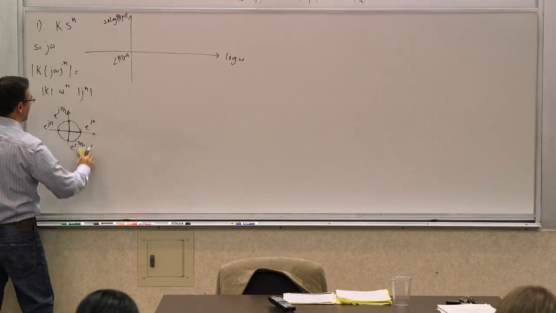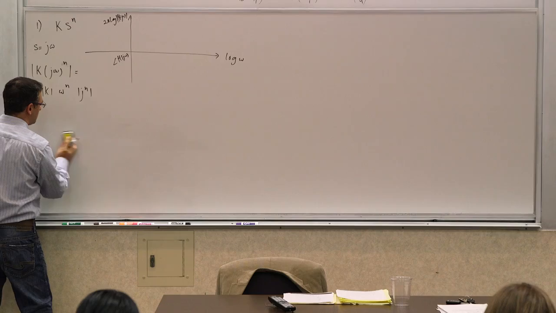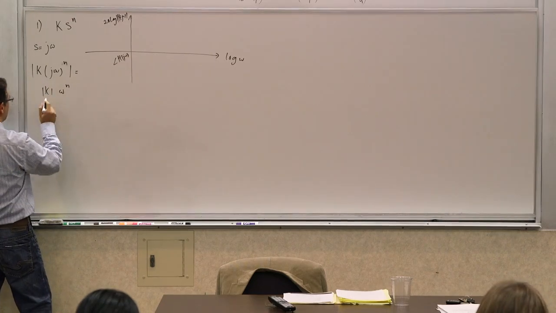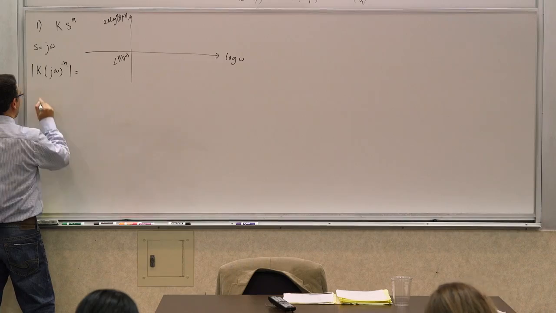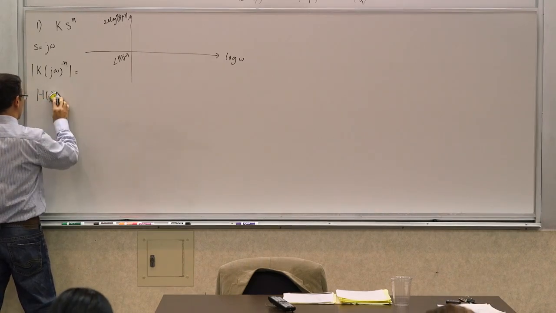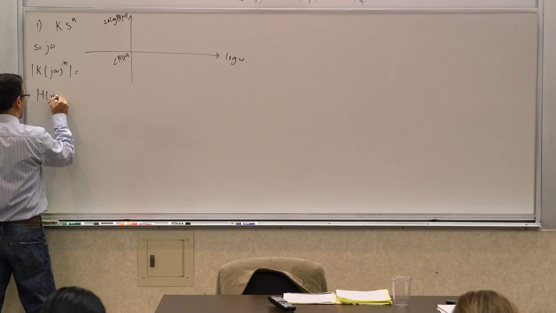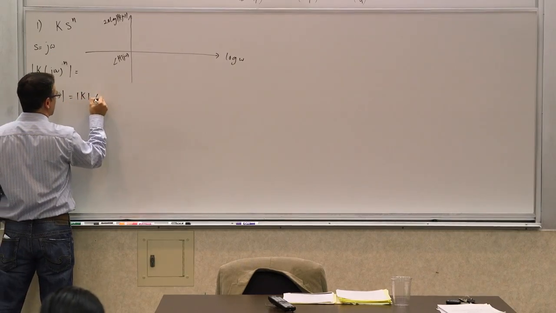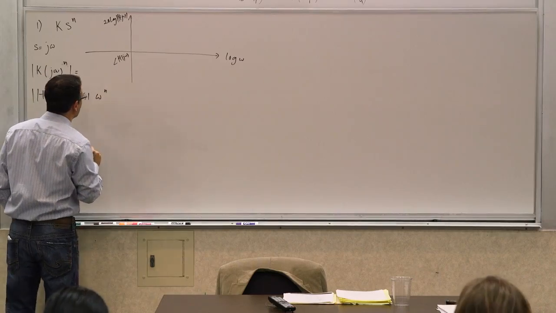So the magnitude of that part is 1, and we don't have to worry about it. So this is the magnitude of h of j omega, which is k omega to the power of n.